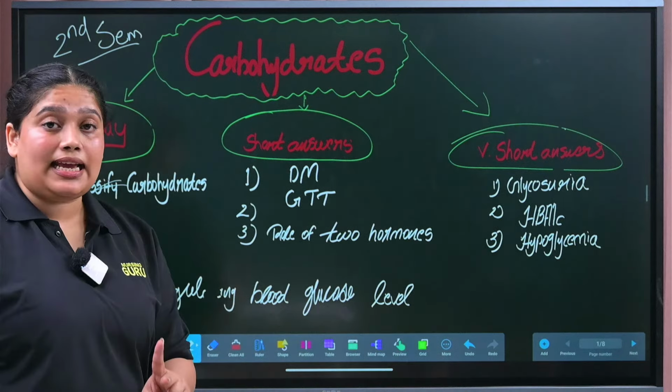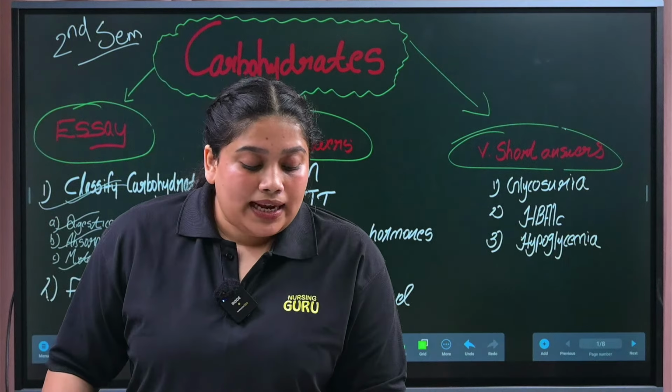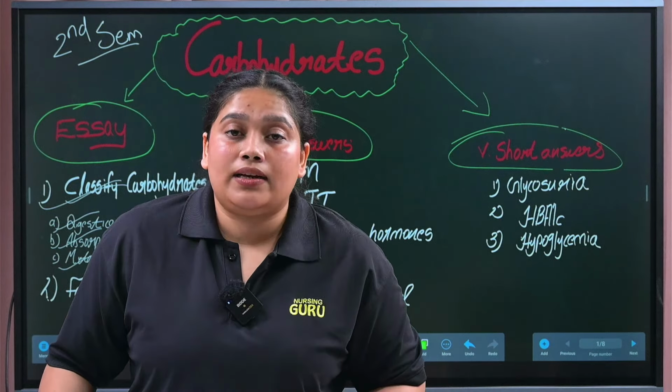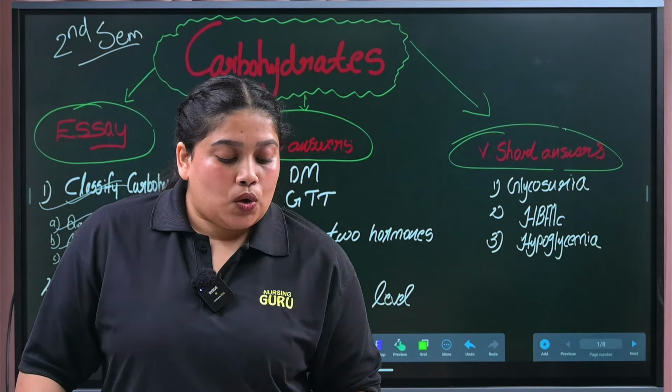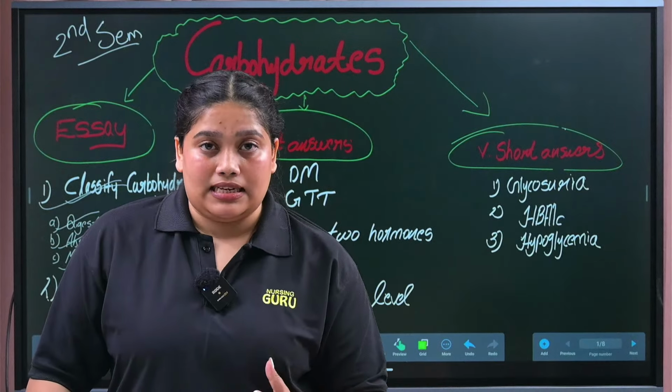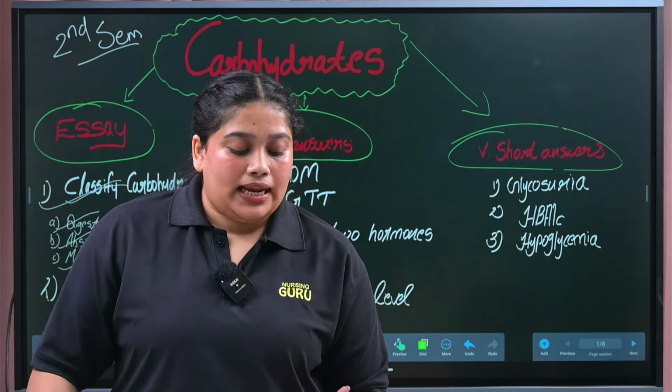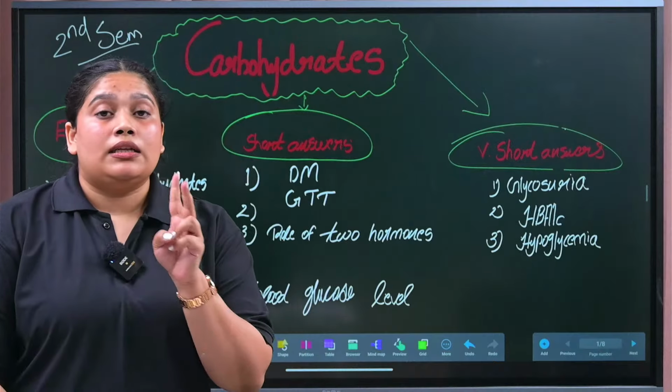Moving on to the second essay: explain the factors regulating blood glucose level in the human body. Glucose is a major source of energy, you may know. Mainly you have to include the factors.